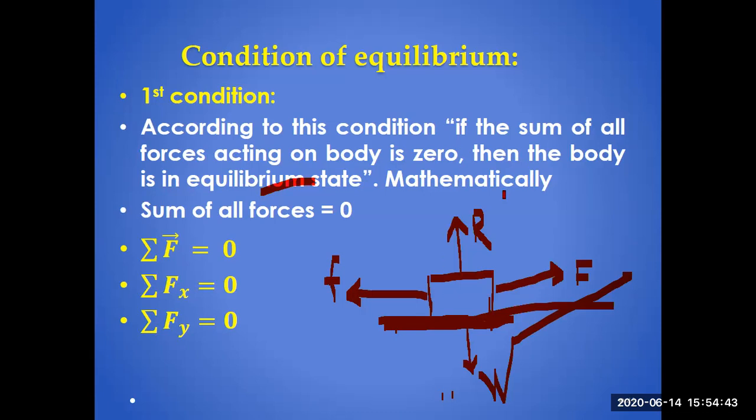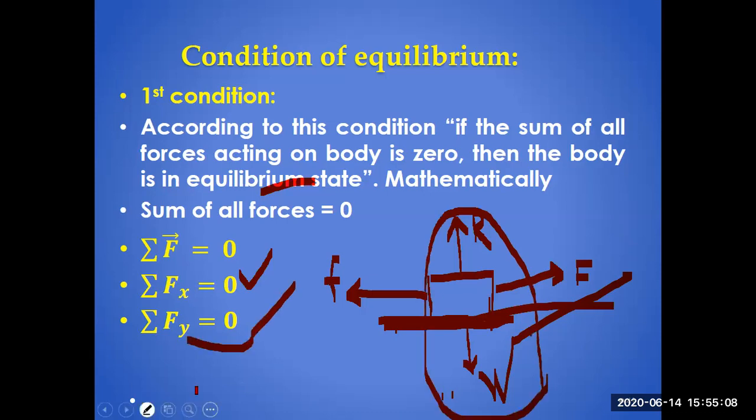It means these forces are along vertical direction and these forces are along horizontal direction. For the case of horizontal direction, sum of forces, meaning frictional force plus applied force, is equal to 0. But in case of forces acting in vertical direction, that is reaction and weight, sum of Fy is equal to 0.